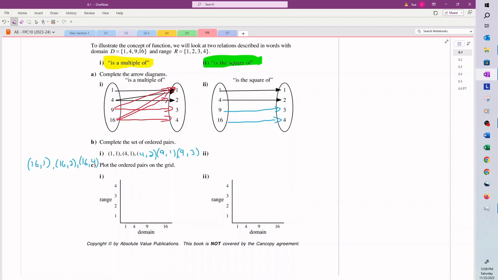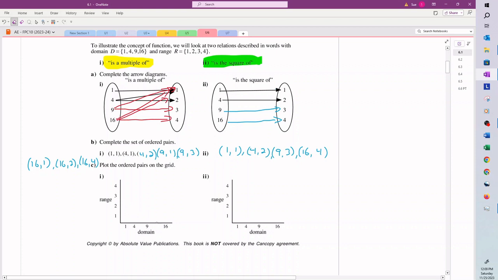Because for each of these, 16 is a multiple of 1, 16 is a multiple of 2, 16 is a multiple of 4. When we come over to the function, which is the square of, we say 1 is the square of 1, 4 is the square of 2, 9 is the square of 3, and 16 is the square of 4. So each input maps to exactly one output.